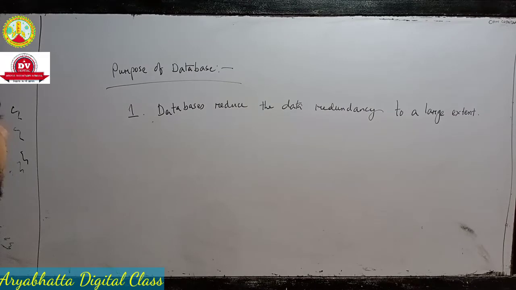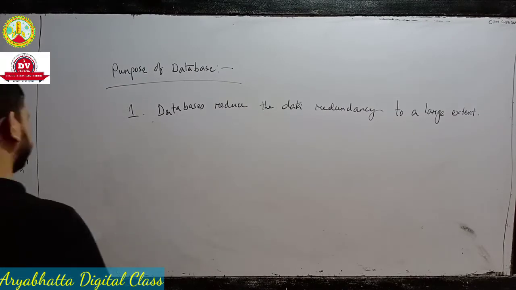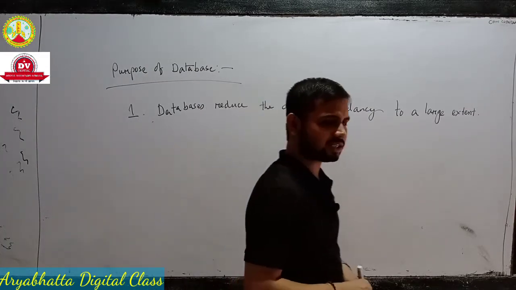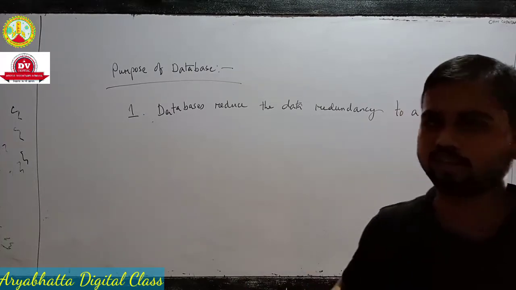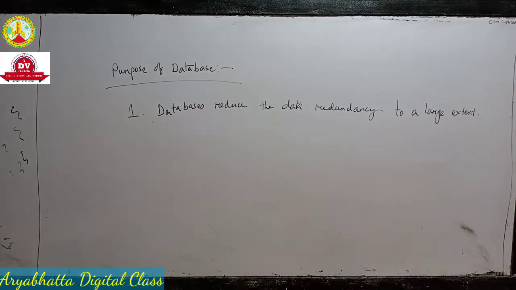The database reduces the data redundancy to a large extent, you see. So this is the first point for the need of database. Why do we need a database? The database reduces the data redundancy to a large extent.